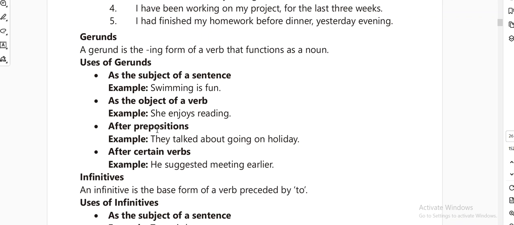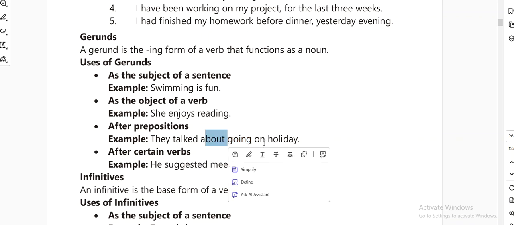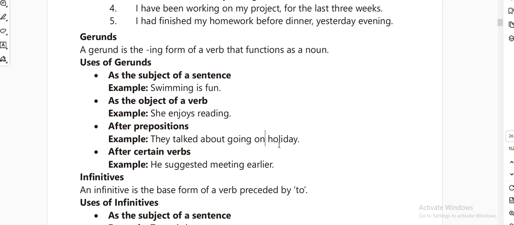Next is after prepositions. Sometimes gerunds are used after prepositions. Example: they talked about going on holiday. Talked is our verb, and going, the gerund word, comes after the preposition about. Then, after certain verbs, gerunds can also be used.